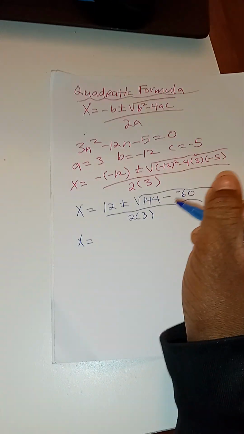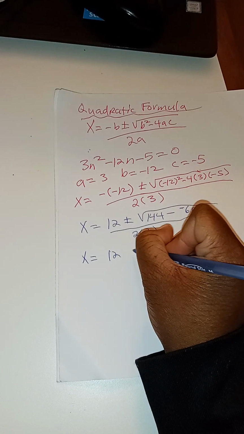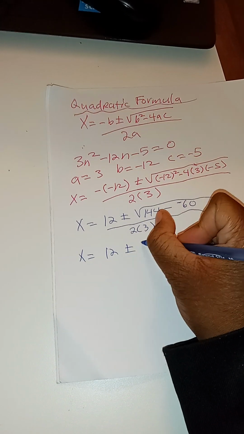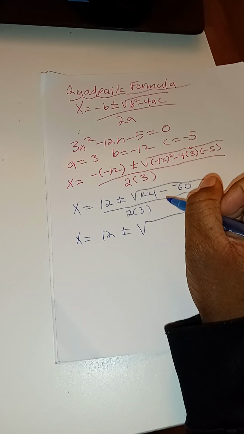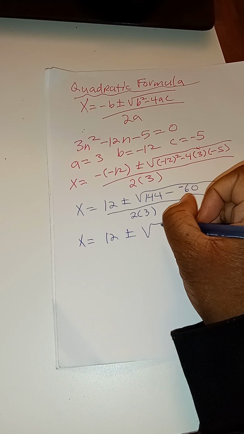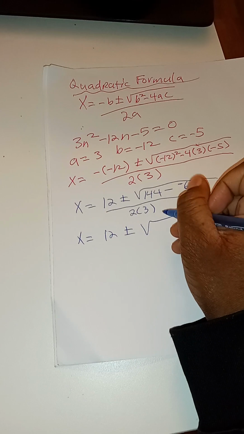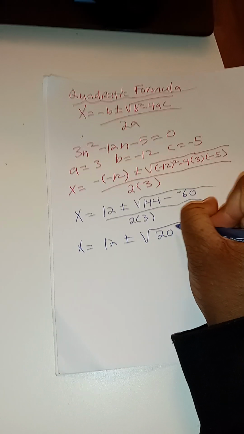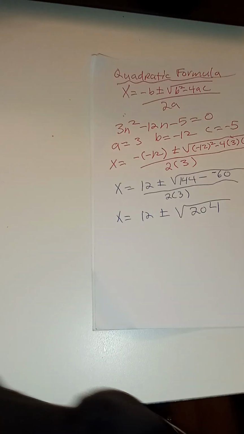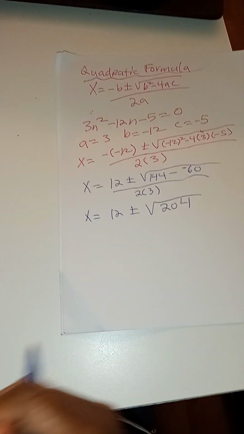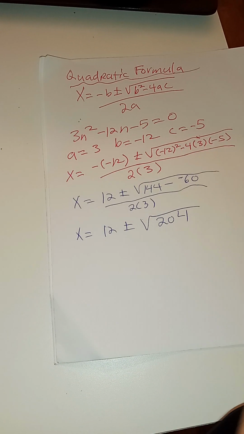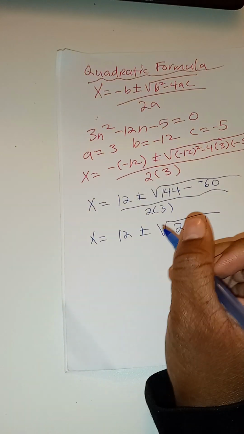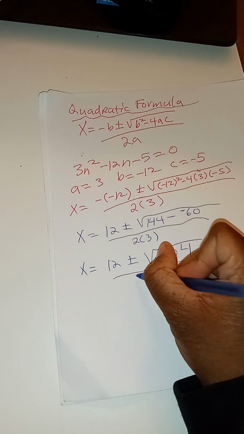X is equal to 12 plus or minus the square root of, and this is going to turn into addition because minus a negative flips to addition. So 144 minus a negative 60 turns into 204. So now all divided by 2 times 3.